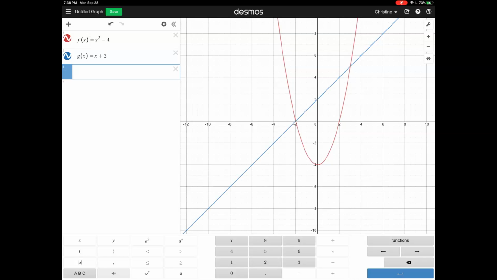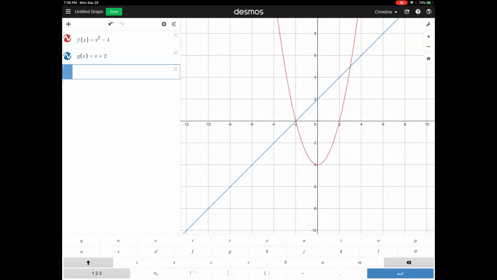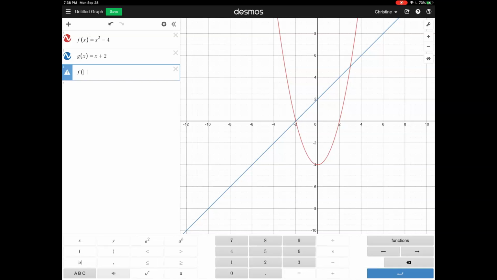And what's nice about Desmos is once you type in those two functions, you can just type in f of x times g of x, and it will graph the function.